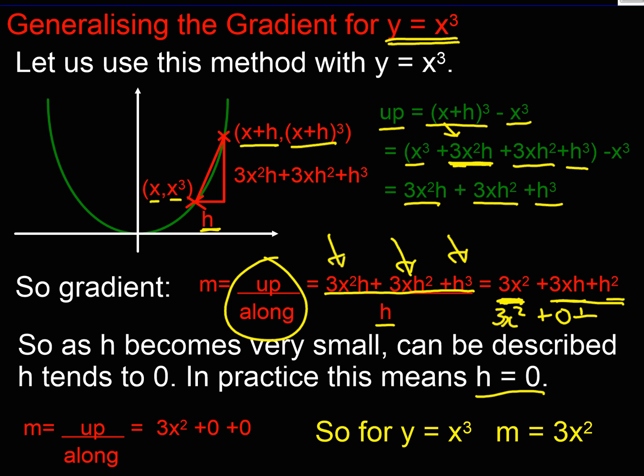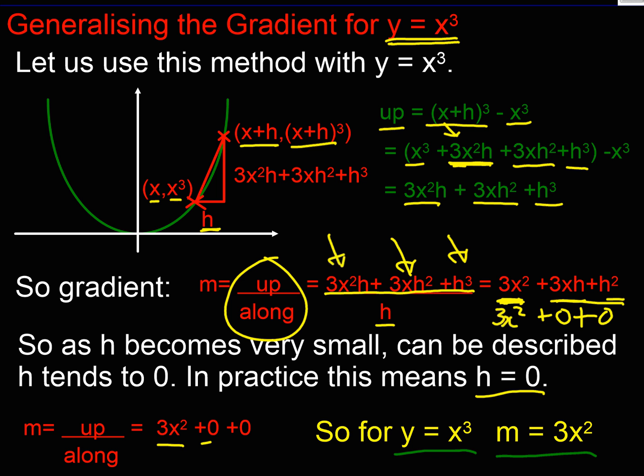And the third one, 0 squared, is 0. So we're left with a gradient of 3x squared plus a load of zeros, which is 3x squared. So we've just proved then, for the curve y equals x cubed, the gradient at any point x is 3x squared.